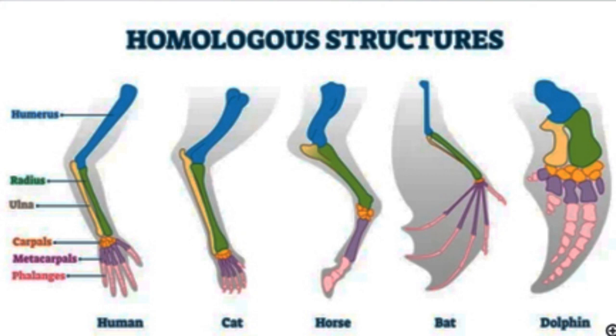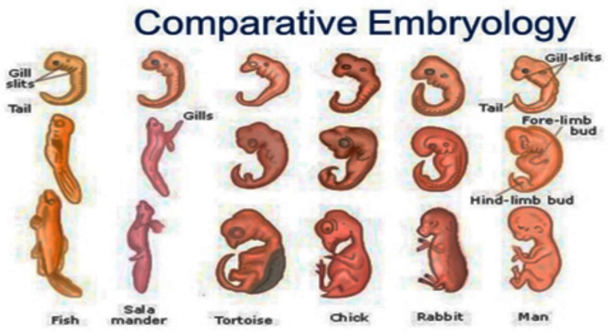Another example of homologous structure is comparative embryology, wherein embryos of different species show similarities due to likely having a common ancestor. Here's an example: the fish, salamander, tortoise, chick, pig, cat, rabbit, and the human. They are all similar. That is what we call comparative embryology, and that is an example of homologous structures.